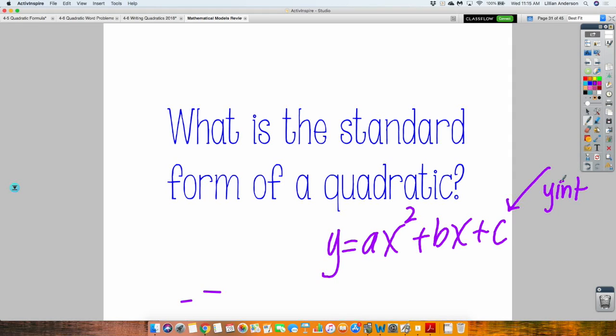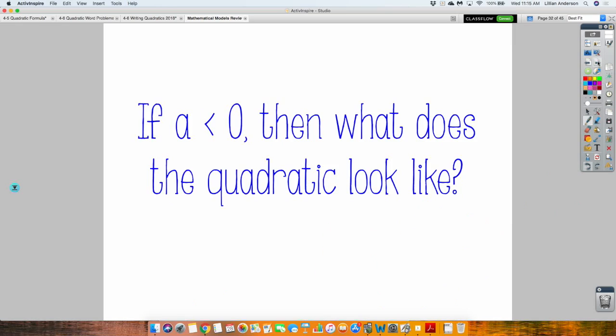And the A told you what? Negative or positive, which means what? Yes, A tells you whether or not it goes up or if it goes down. How do you know if it goes down? A is negative. Okay? B was involved with the part of your vertex and things like that, but we'll get to that soon.